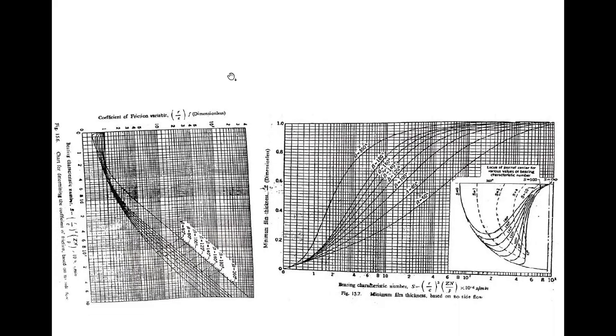Now these are the solutions obtained by Raimondi and Boyd. There are several graphs obtained by Raimondi and Boyd. Look here, this is the coefficient of friction variable R by C into F, and here the bearing characteristic number, which is defined by Sommerfeld number, S equal to R by C square into mu n upon p.